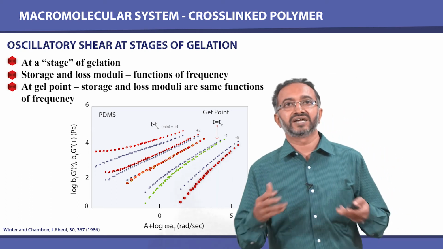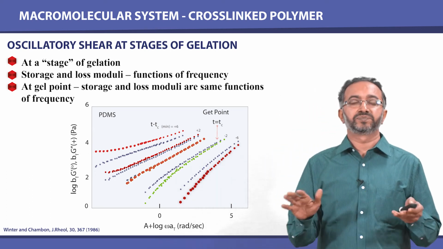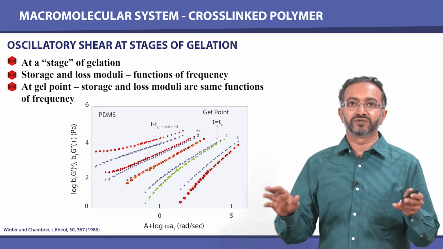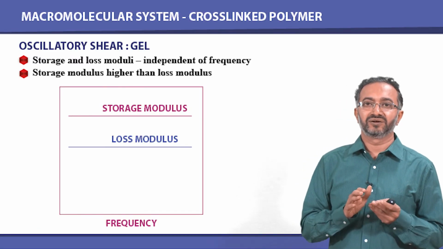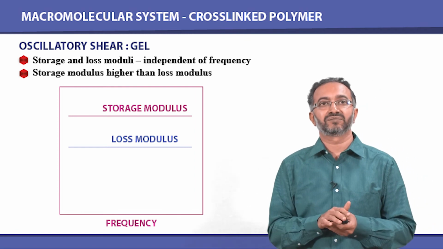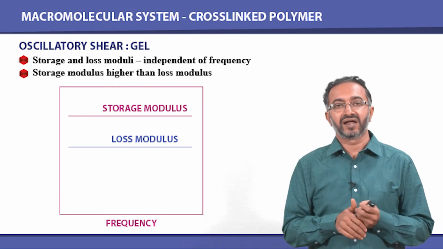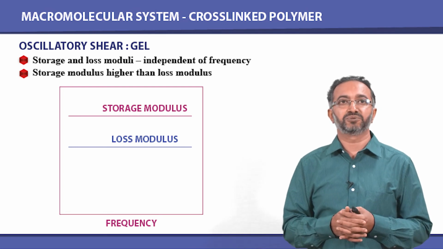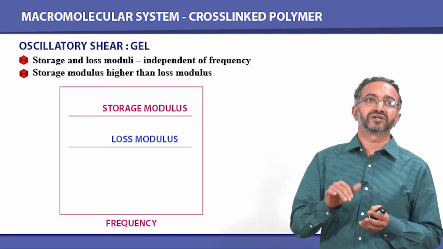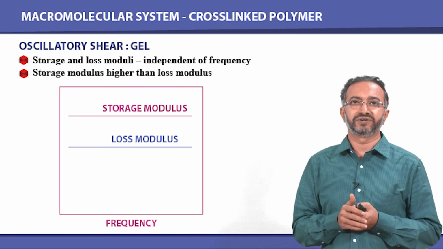Now, once the gelation is complete and we obtain the gel, or the overall cross-linked polymer, then as I have said before, storage modulus and loss modulus become constant, and a very dominant signature of gel-like response is that both storage and loss moduli are independent of frequency.